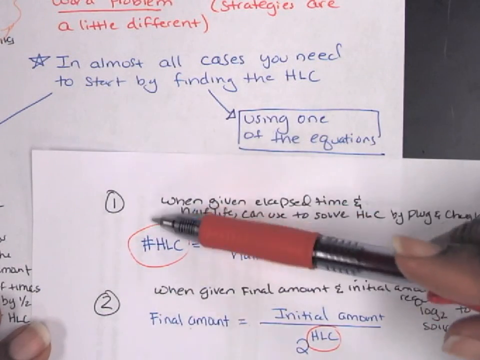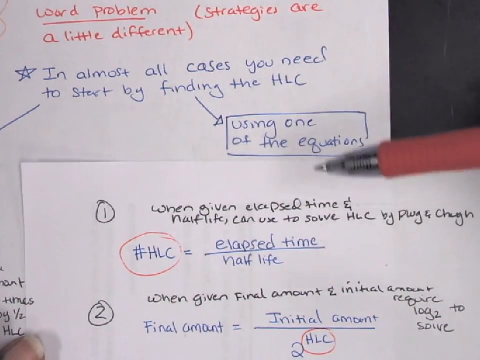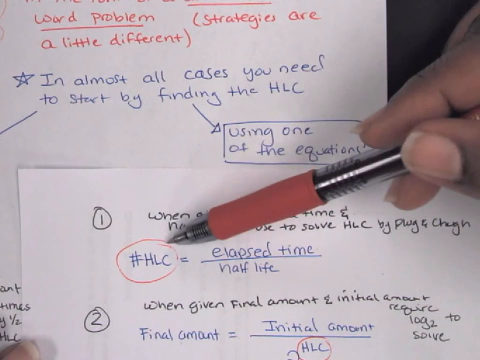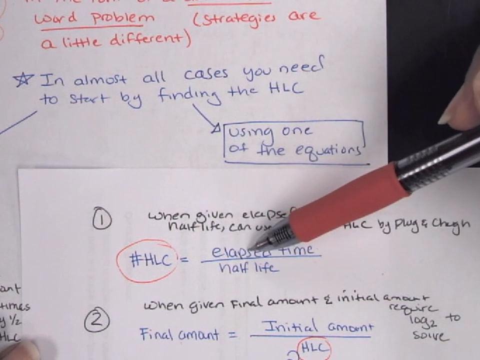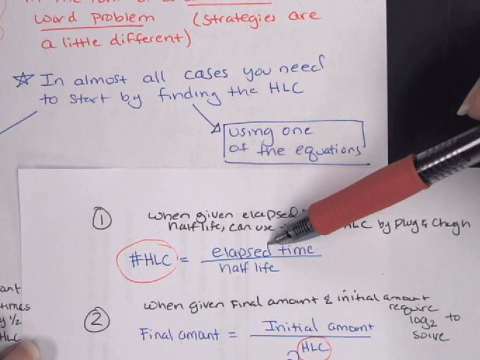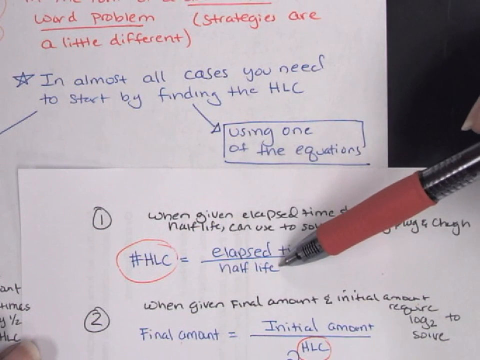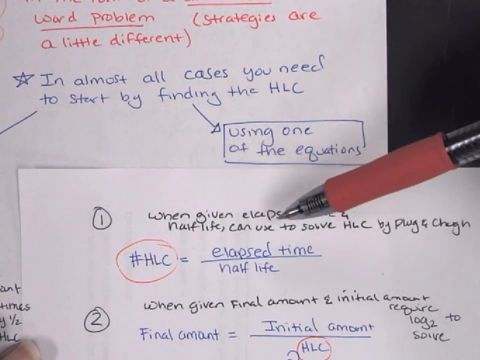When you're using the equation, the first thing you need to figure out is which equation you're going to use, because both of them have half-life cycles in them. In the first equation, notice that you have two other variables besides half-life cycles: elapsed time and half-life. So if you're given the amount of time that has elapsed and the half-life of the radioactive isotope, you're going to use equation 1.